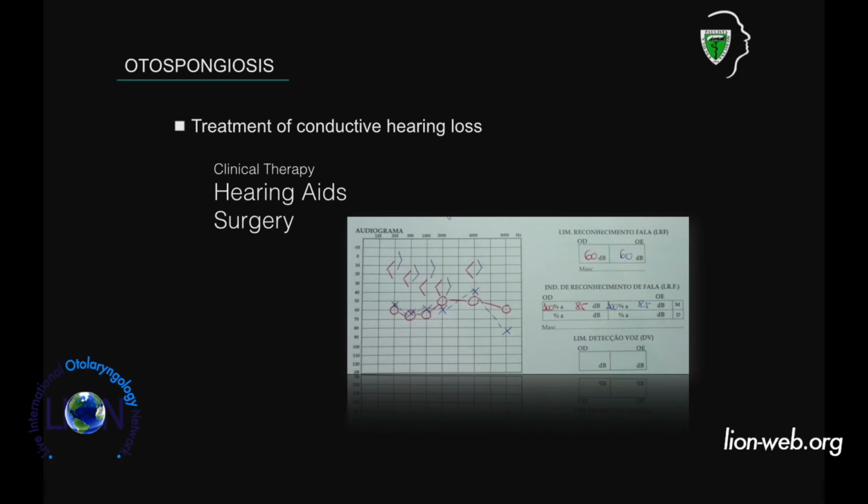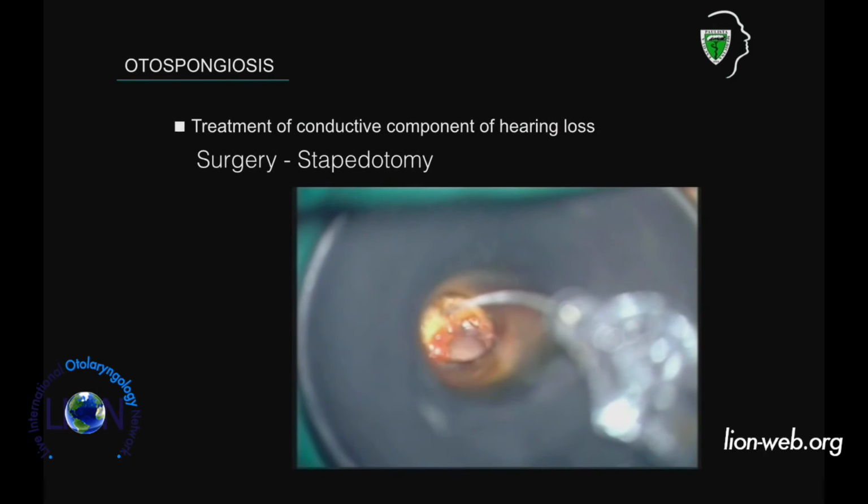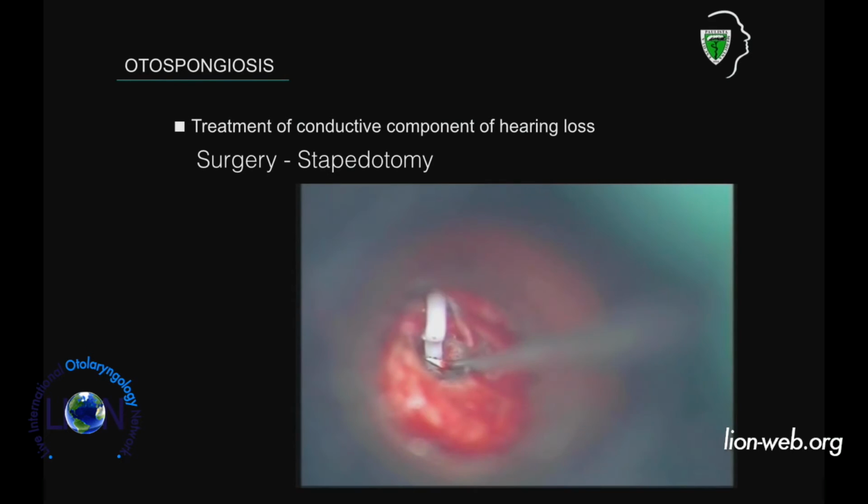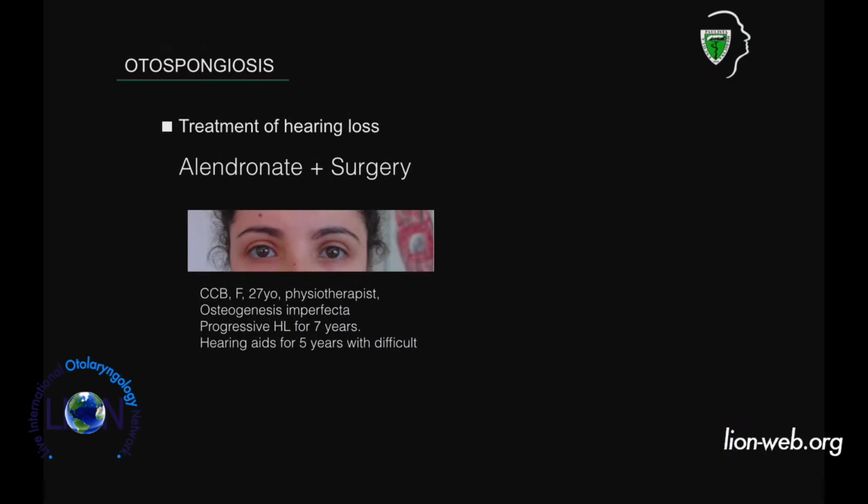So to treat the conductive component of hearing loss, of course we can have hearing aids and surgery. And we're discussing surgery. I don't have to discuss this because you are seeing the most updated forms, but when alendronate, for instance, can help surgery, in this case, a 27-year-old physiotherapist with osteogenesis imperfecta presented progressive hearing loss over the last 7 years.